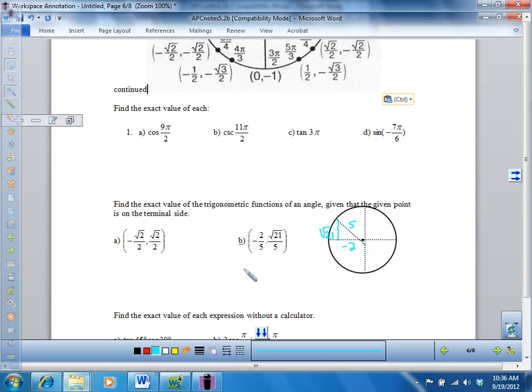So the sine of theta, which we'll call this angle right here, is root of 21 over 5. Cosine is what? What's cosine? Negative 2 over 5.